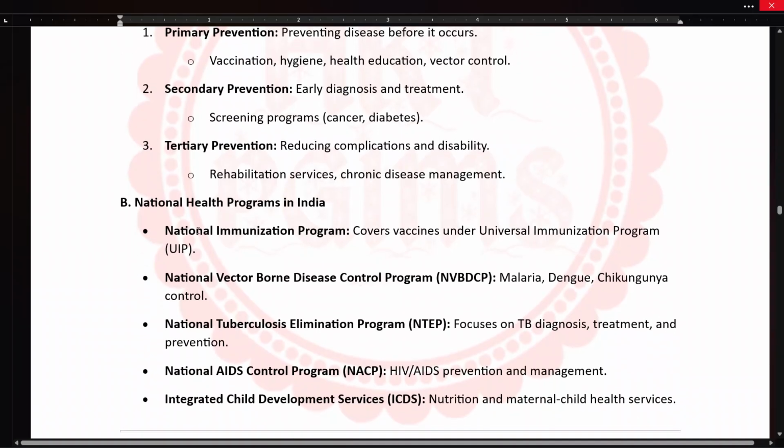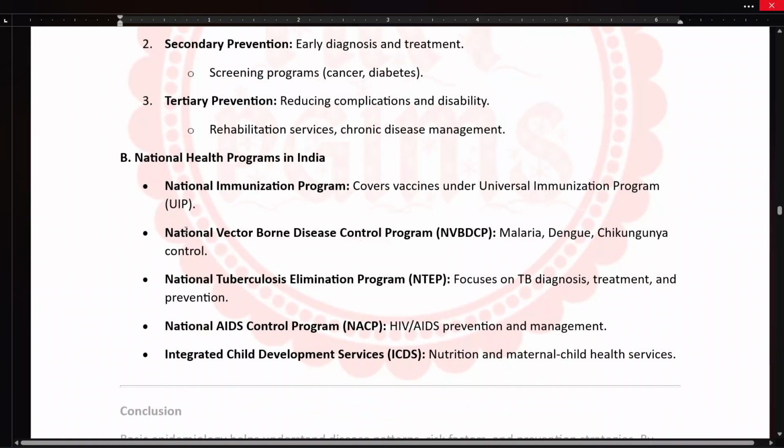One of them is the National Immunization Program that covers vaccination under the Universal Immunization Program, UIP. We have the National Vector-Borne Disease Control Program, NVBDCP, for malaria, dengue, chikungunya control.